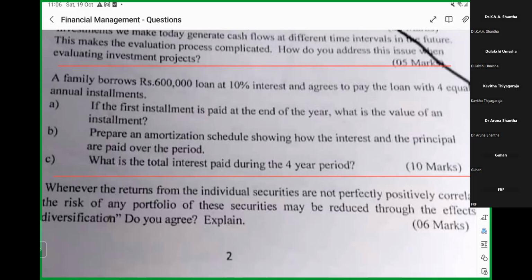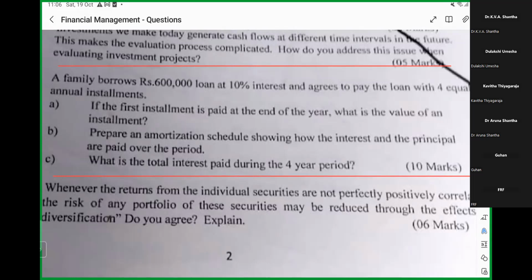How much? So how do you calculate the installment value?